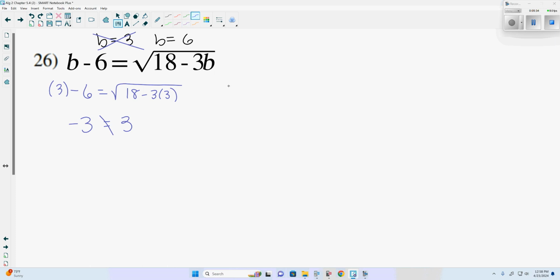Now we can try the same thing with 6. Now this one here, the left side's kind of nice. 6 minus 6 is 0.